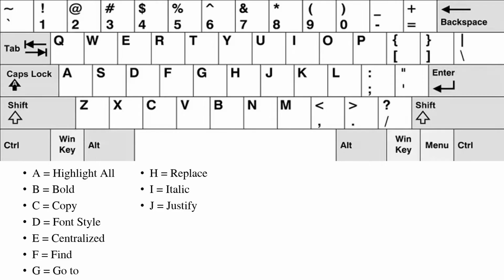Then we have Control J, which is justify. Sometimes when you are writing text in Microsoft Word, you'll see that when you have, for example, let's say 10 rows, row 2 didn't reach the edge of the line, then row 3 begins. And row 4 is not at the same edge with row 5, this and that. You see your lines at the edge of your text will not look straight.